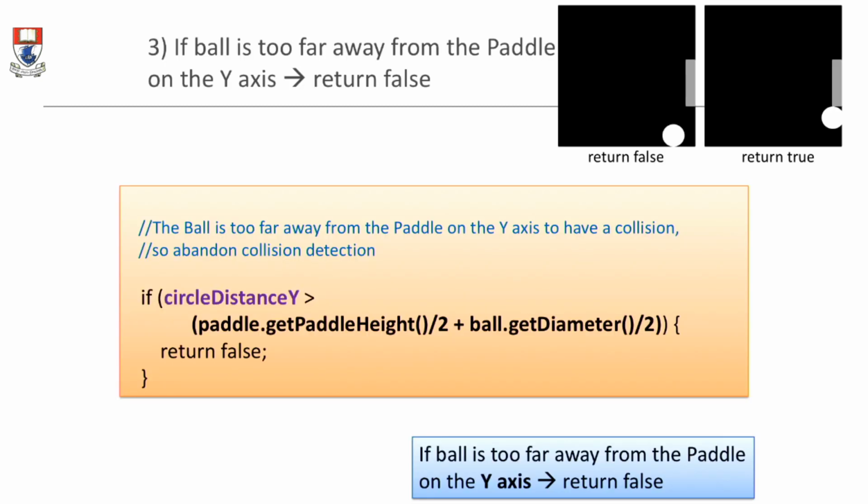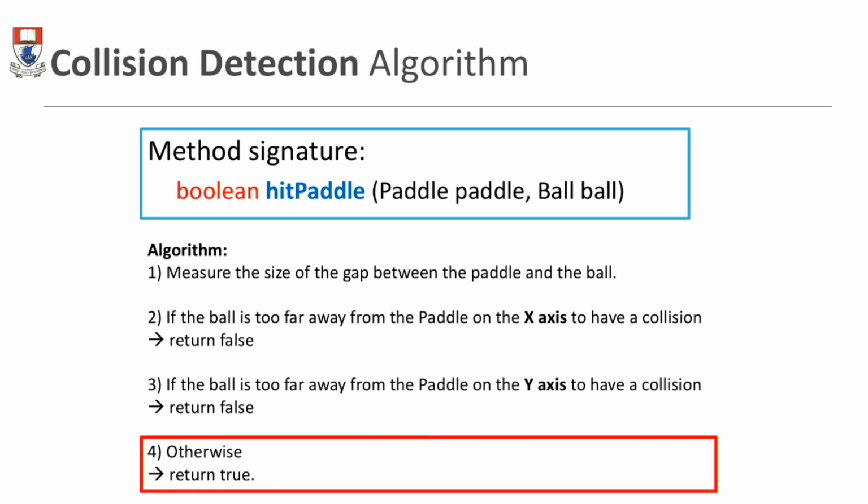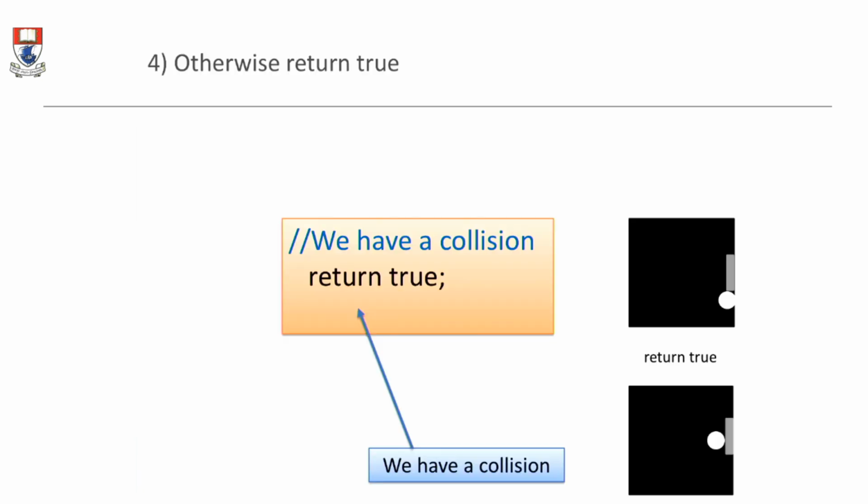If the circle y is greater than the paddle height divided by 2 plus the ball.getDiameter divided by 2, then we return false. And finally, if it's not false, then we return true. In other words, we have a collision.